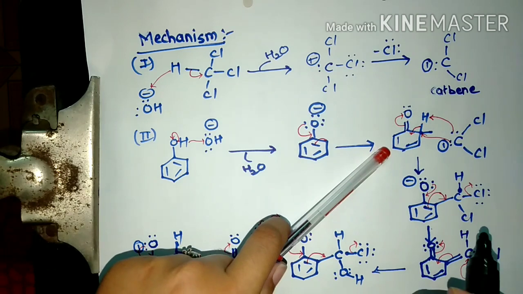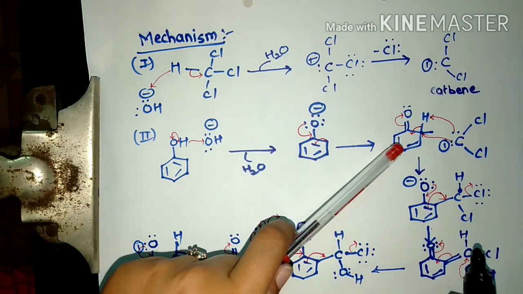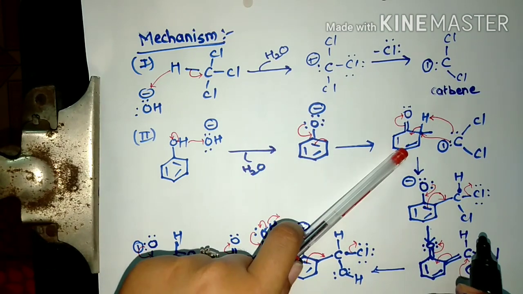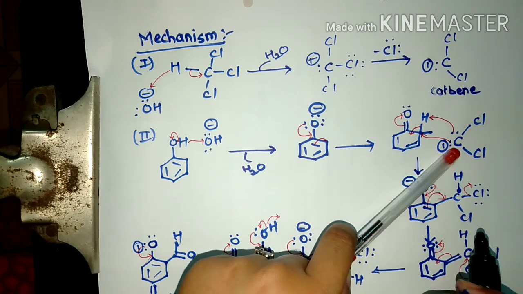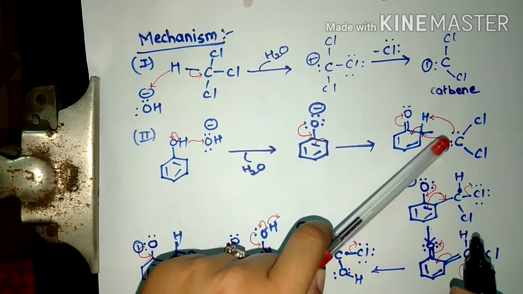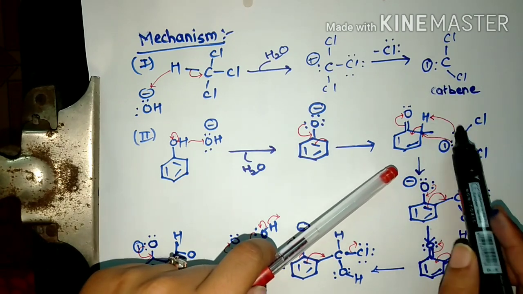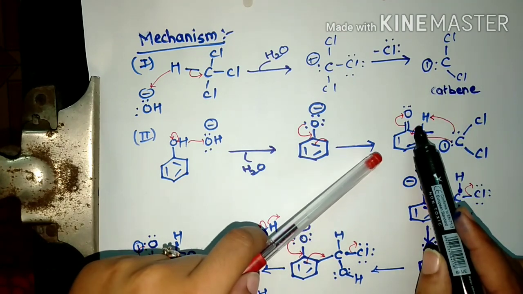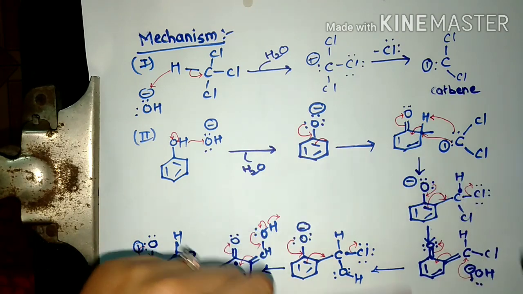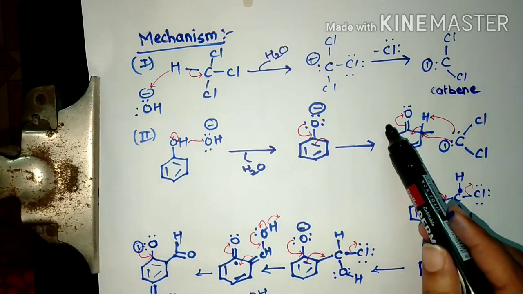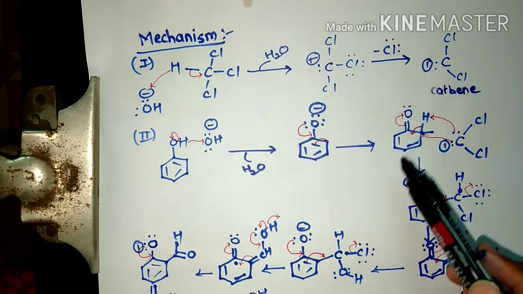Now this benzenone reacts with this carbene. When it reacts with the carbene, this hydrogen is taken by this carbon, so this bond is shifted over here, and this double bond is shifted onto the oxygen.